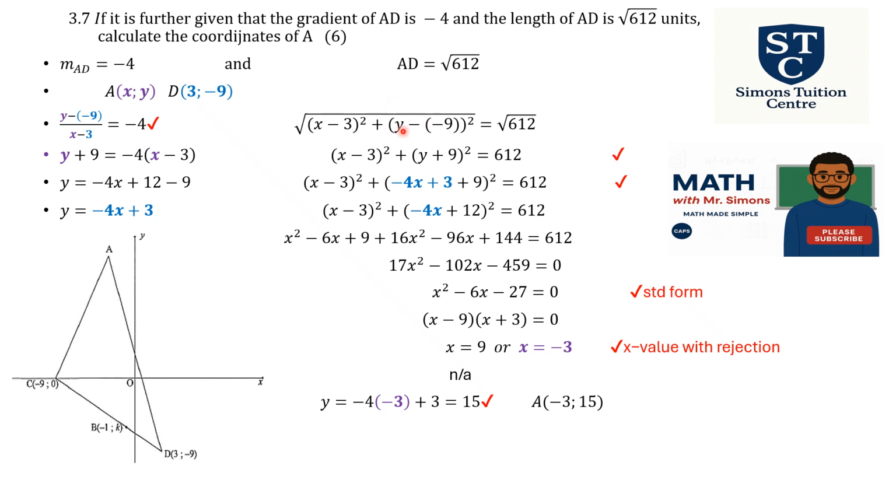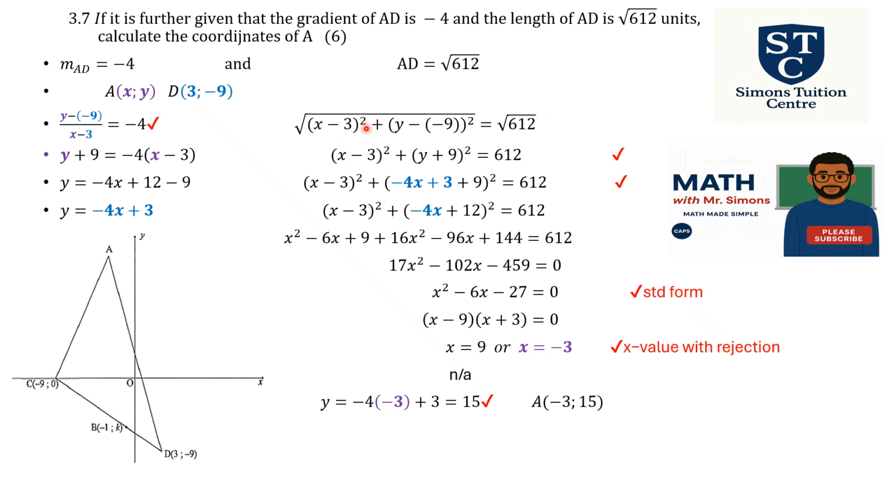Go to the distance formula given, for AD. That would be the square root of, remember, (x2 minus x1) squared plus (y2 minus y1) squared. So that would read the square root of (x minus 3) all squared plus (y minus -9) all squared. To get rid of the square root, I square both sides.